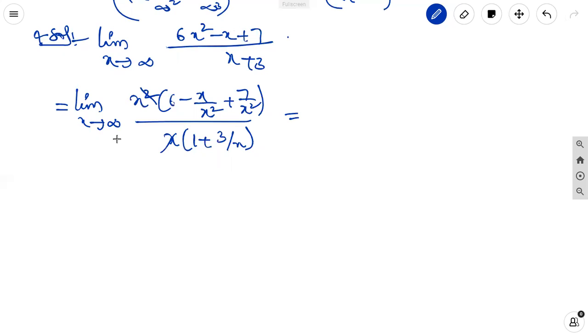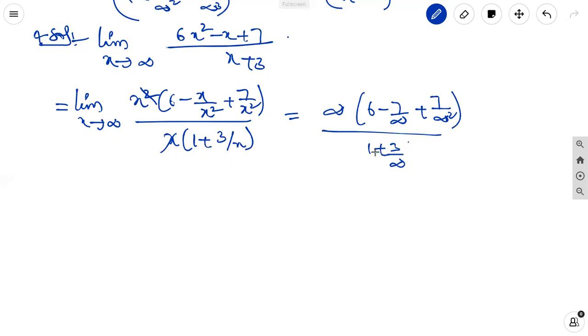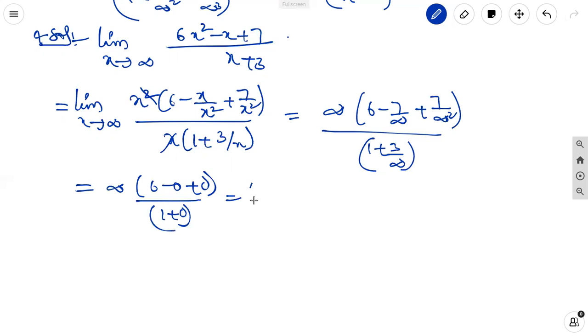It is equal to, substituting infinity, infinity into (6 minus 0 plus 0) by (1 plus 0). 6 infinity is equal to infinity only. 6 into infinity is also infinity. Multiplying any number with infinity goes to infinity only.